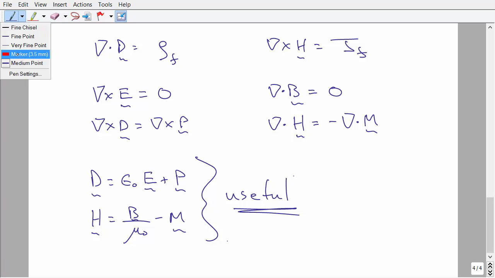It's important to understand that the more fundamental of the fields are E and B, and the reason is that when we think about forces on charges, it's the electric field that matters for electric forces, and for magnetic forces on charges, it is the magnetic field that matters. So these are a useful calculational tool, but we need to be a little bit aware that they are different from the magnetic field in the case of H and the electric field in the case of D.